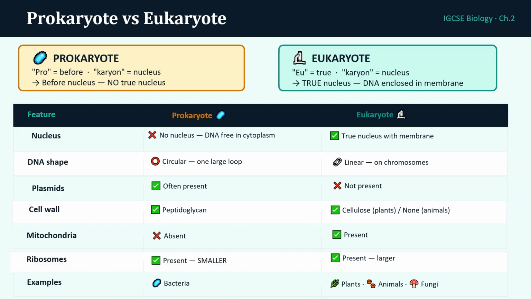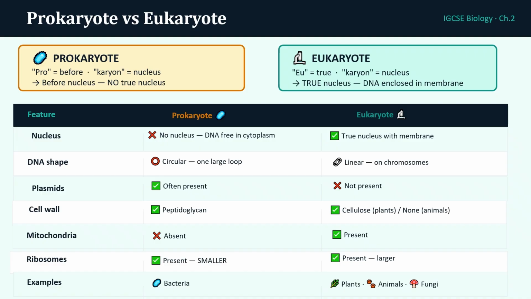Plasmids are found in prokaryotes but not in eukaryotes. Prokaryotes have a cell wall made of peptidoglycan. Plant eukaryotes have cellulose and animal eukaryotes have no cell wall.